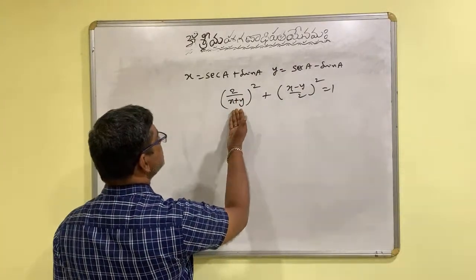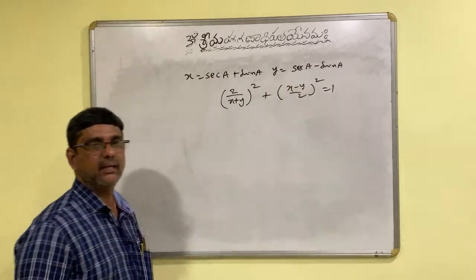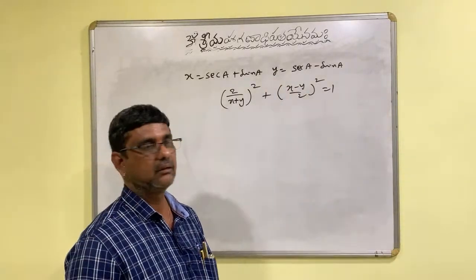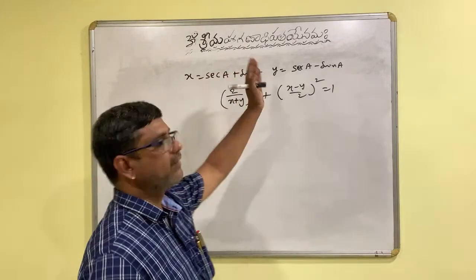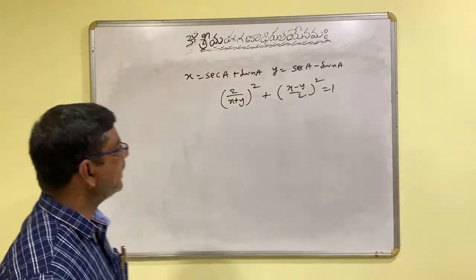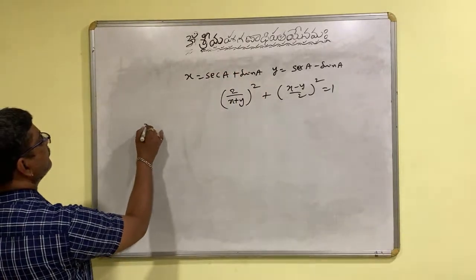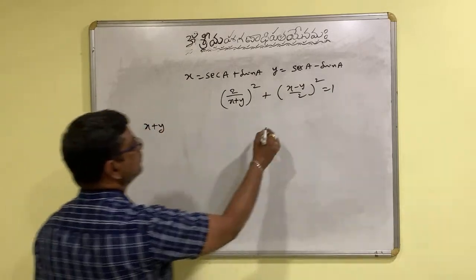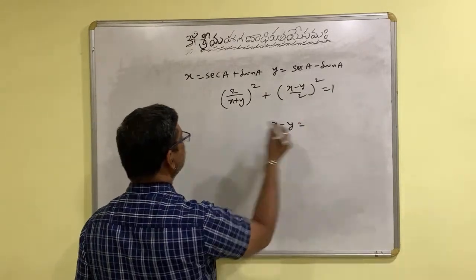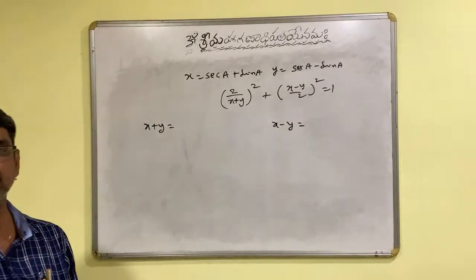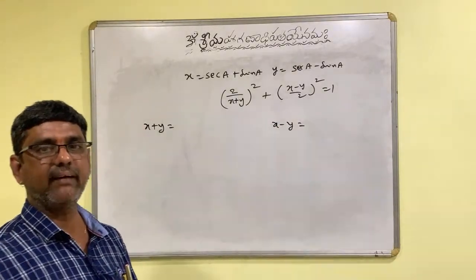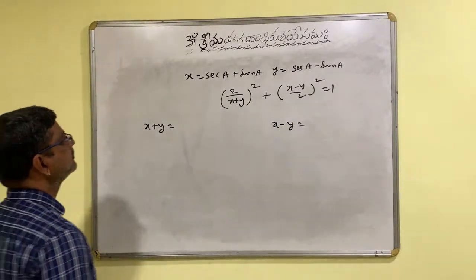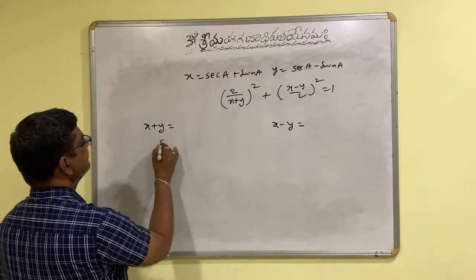You can observe x plus y and x minus y in the question, but we have only x and y values. So what we have to do is, we need to find out x plus y value and x minus y value, both. First, x plus y value, x minus y value. What is x plus y?